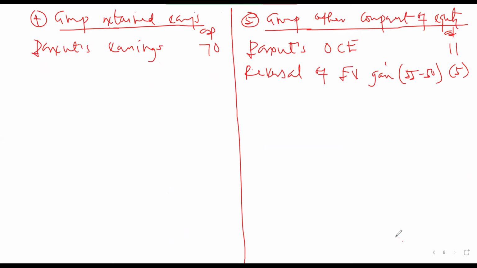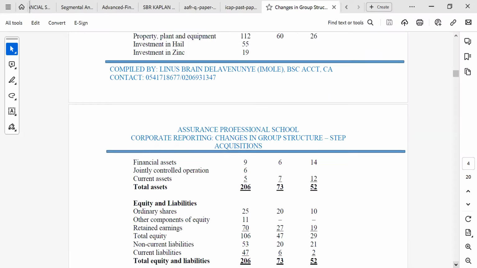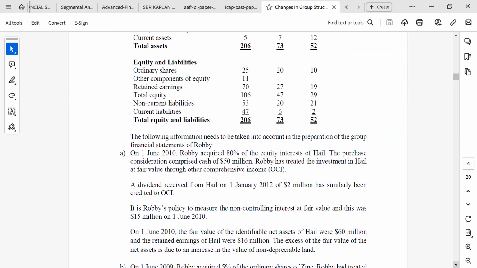That particular investment should not be carried through other comprehensive income. So we eliminate that particular 5 that was recognized in their statement of financial position, which would be the other component of equity. So let's take the other adjustment before we move on to the net assets for that particular company.